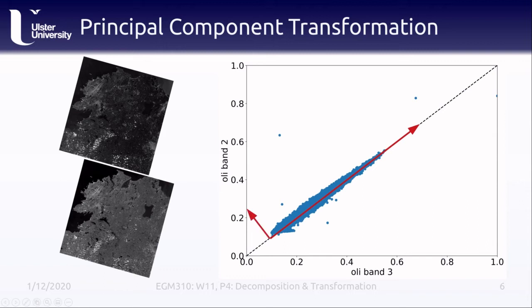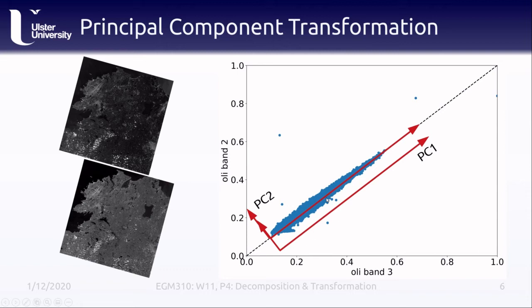And we might want to shift the axes slightly so that the minimum value along the second principal component is 0. Because of the way that we've constructed this, these two new bands, the first principal component and the second principal component, are completely uncorrelated. We've completely maximized the differences between the two bands, so we also don't have any redundancy contained within the image.